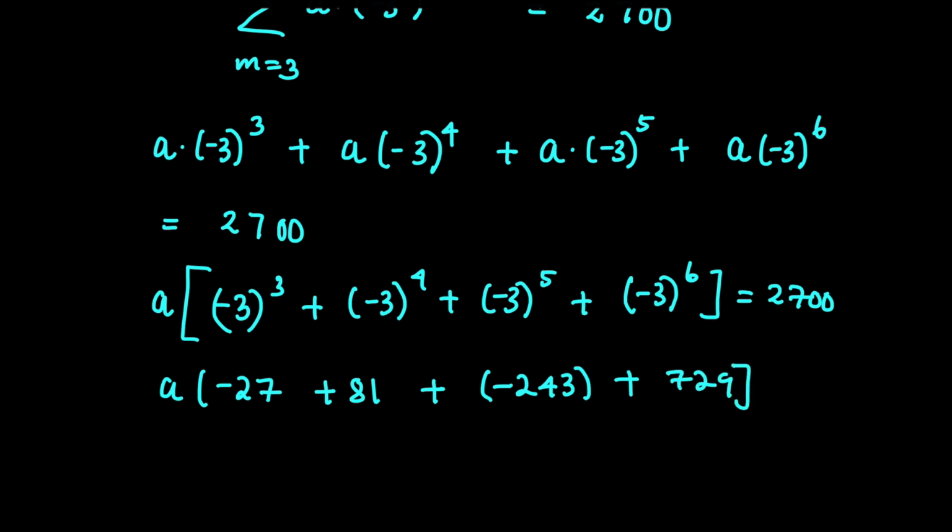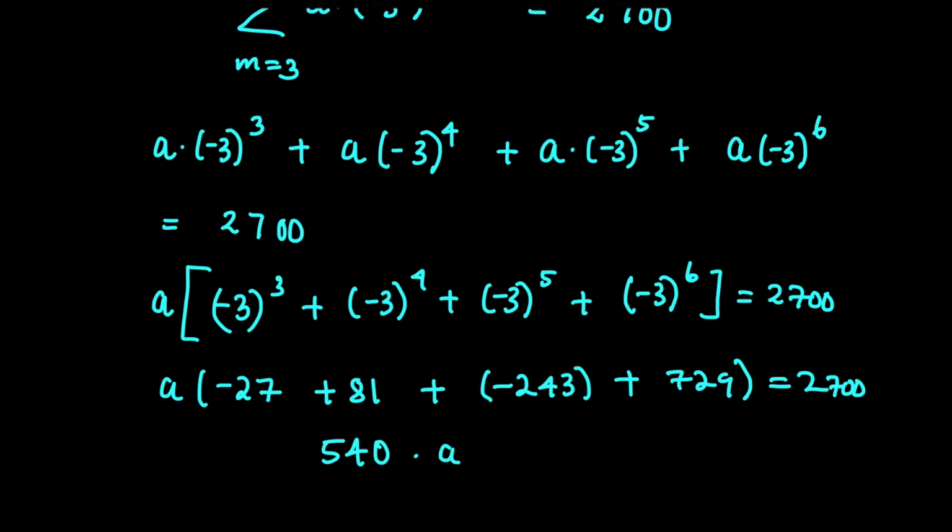So we add everything up, equals 2,700. Okay, so that is 729, plus 81, minus 27, minus 243. That equals 540.